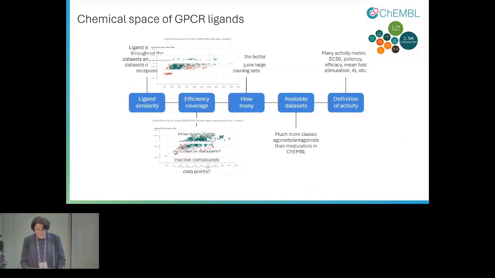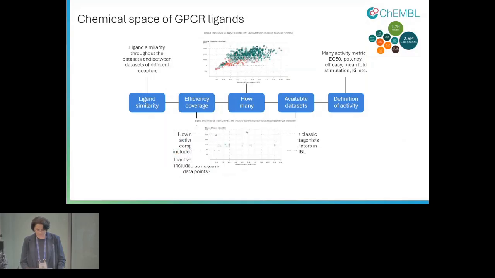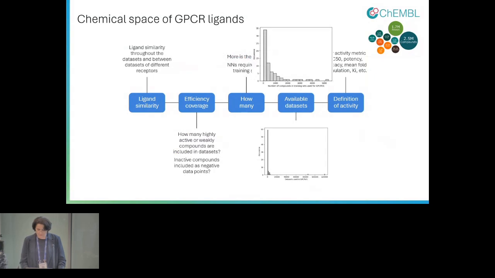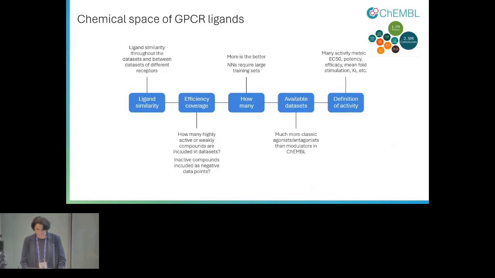Although we have some large training datasets in GPCRVS, there are also many highly limited datasets that are hardly sufficient to use for training. Finally, not all ligand activity metrics are standardized. The word active in ChEMBL can have many meanings.